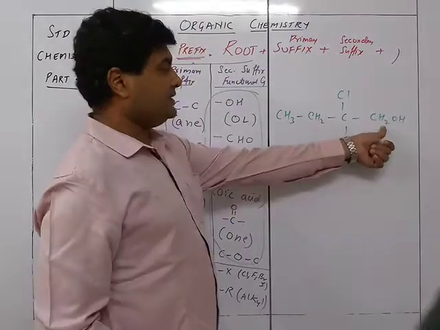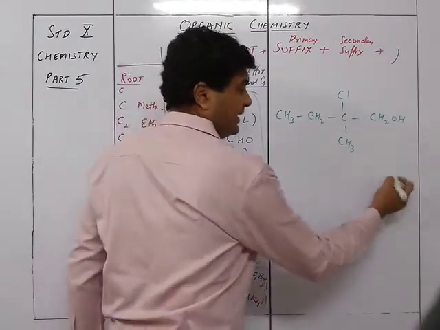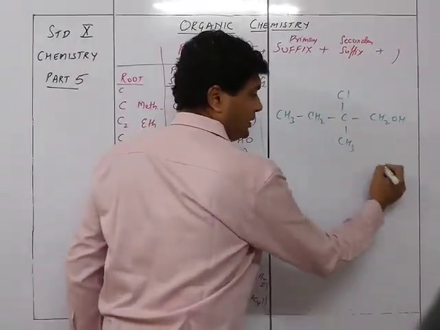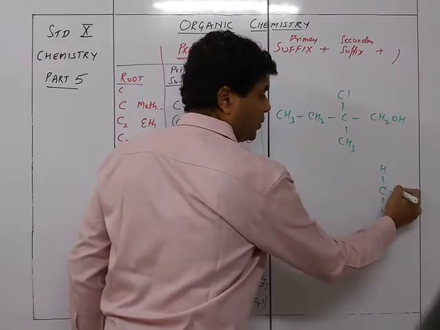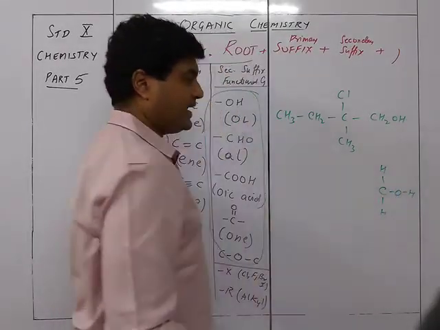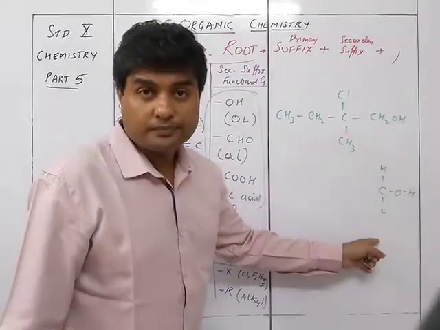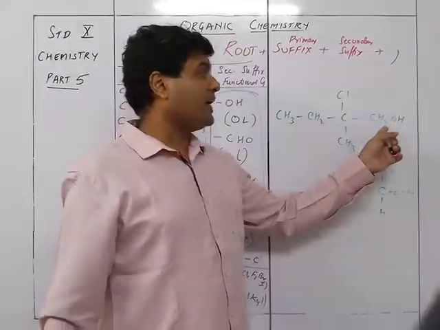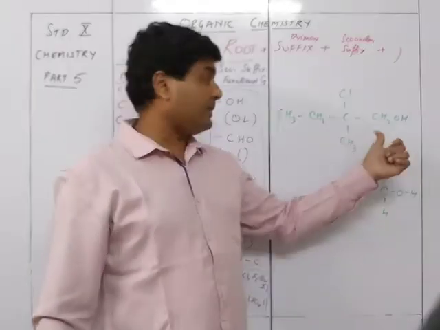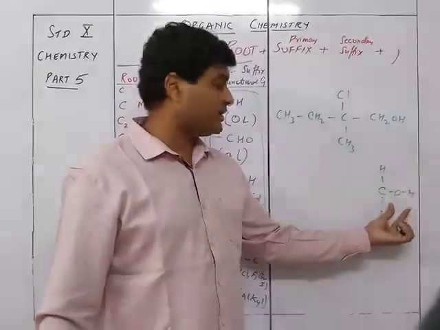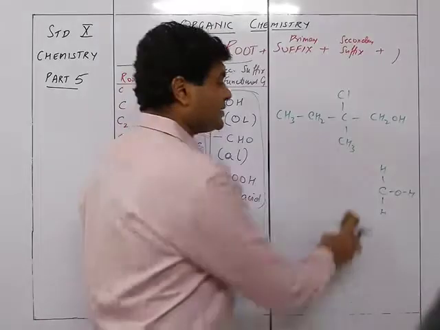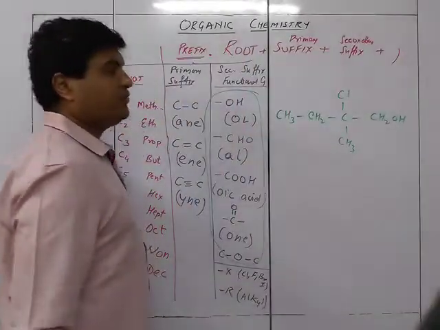Now what do you mean by this? This actually is C, here one H, here one H and here OH. This is exactly what it is. So that means it's an alcohol. See, if they would have written over here CHO, then it would be different. Here CH2OH is written. OH, it's an alcohol. So because it's an alcohol, of course the alcohol will get the first preference.